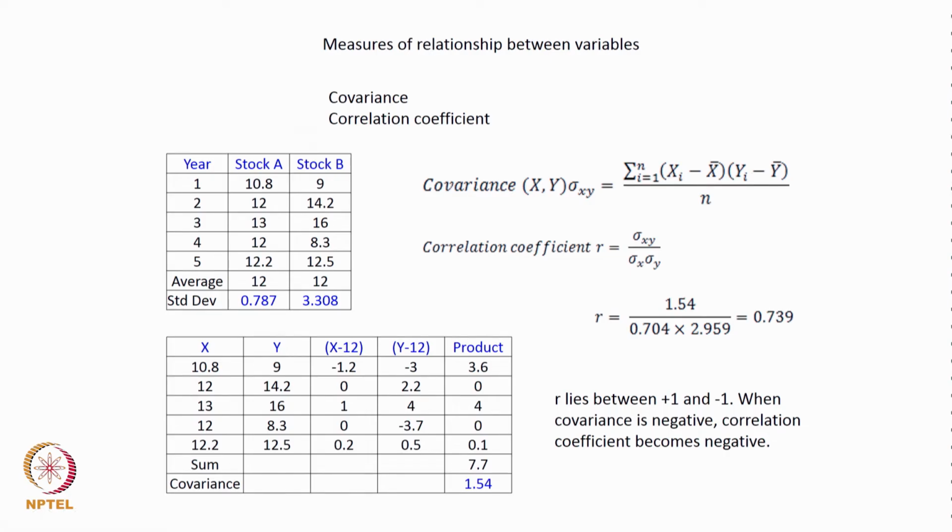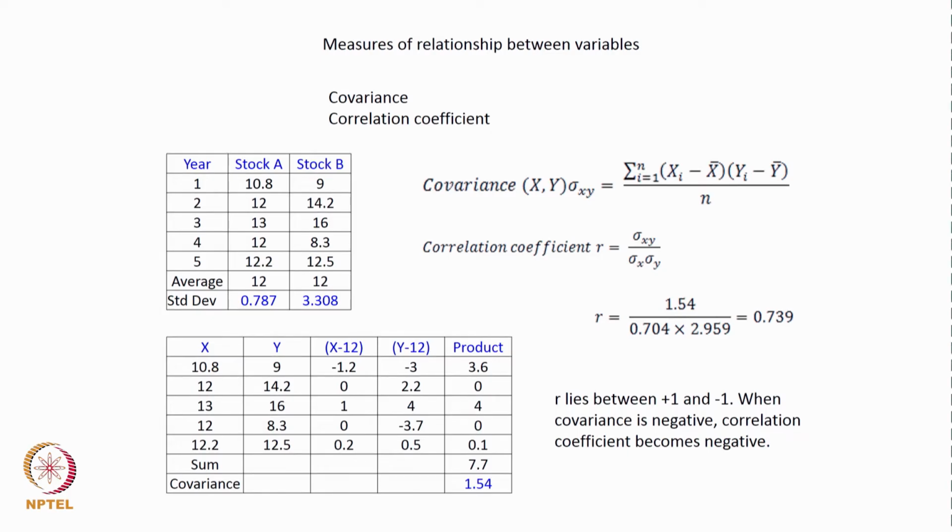Now R, which is called the correlation coefficient, lies between +1 and -1. Now let us take a look at that. Now R is equal to covariance divided by sigma x sigma y. Sigma x and sigma y are non-negative quantities. They cannot be negative because they represent the positive square root of variance, which cannot be negative. Therefore, sigma x and sigma y are either 0 or positive.